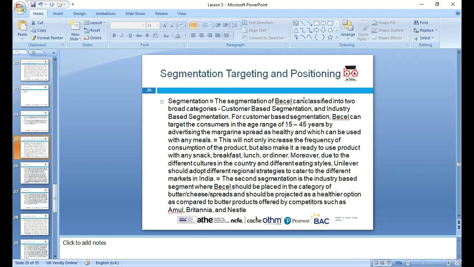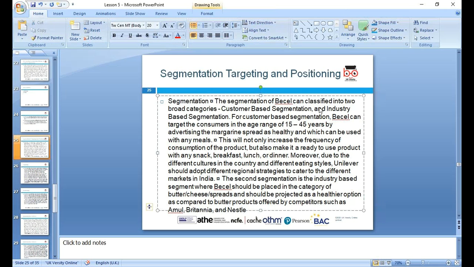So they segment the market. Segmentation can be classified into broad categories: customer based segmentation, industry based segmentation, and customer based, upper class, lower class, middle class, demographic segmentation. Advertising aims to increase the frequency of consumption.